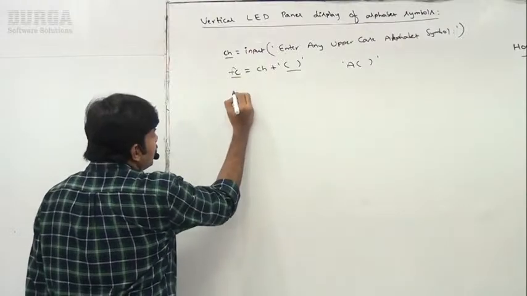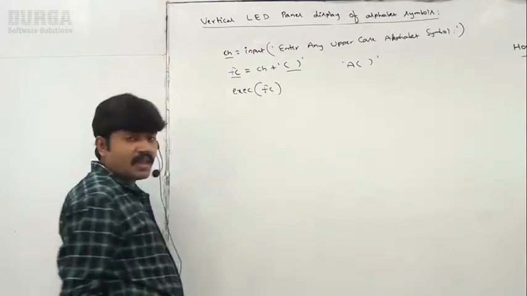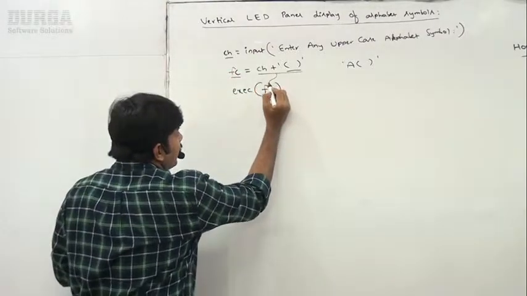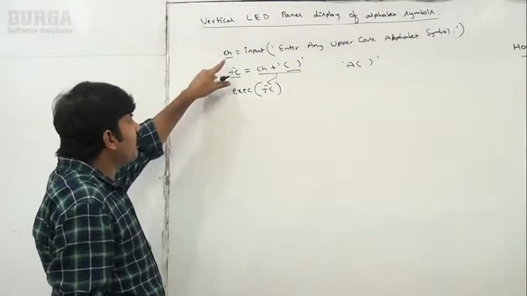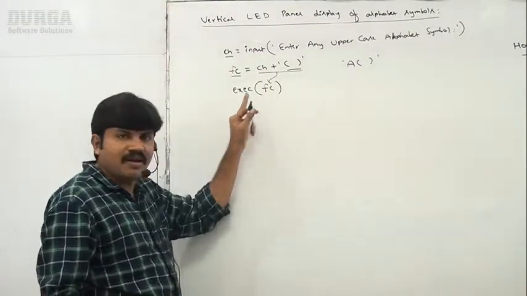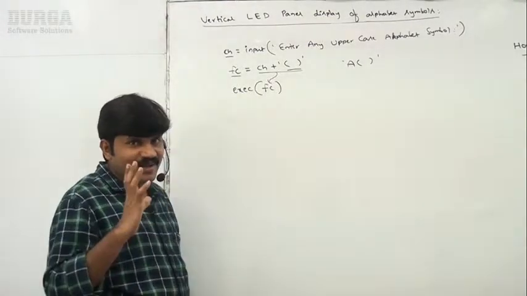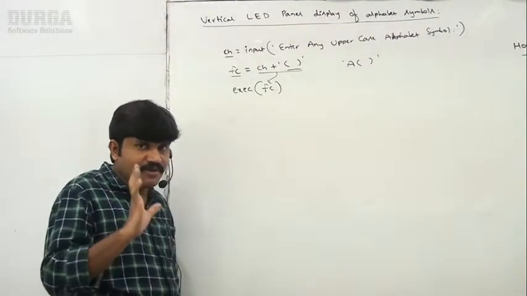Now call exec of fc, or instead of fc you can directly take this part here itself. Now whatever alphabet symbol you provide, that alphabet symbol's function will be called automatically, and the corresponding pattern will be ready. Observe very carefully, sir. An excellent method: the exec inbuilt function.